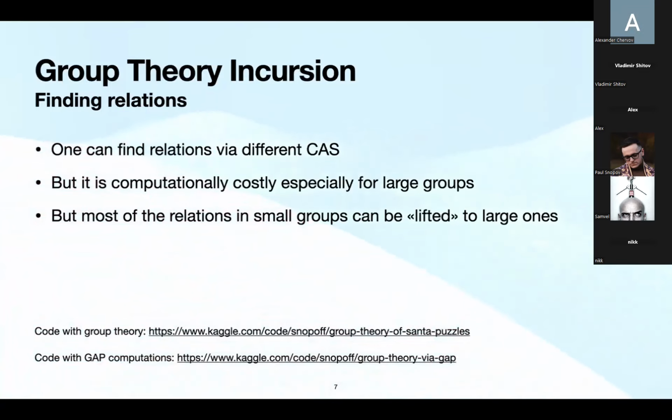For example, in GAP, which I extensively used, it's quite possible to find all of the relations in the 2x2x2 cube or 3x3x3 cube, for example. And one can infer some relations in larger groups by looking at the relations in the smaller groups. Some relations can be sort of lifted to the large ones.